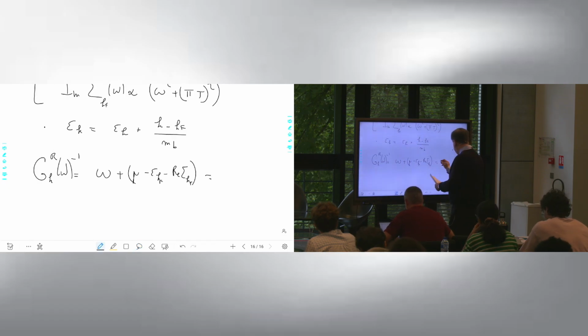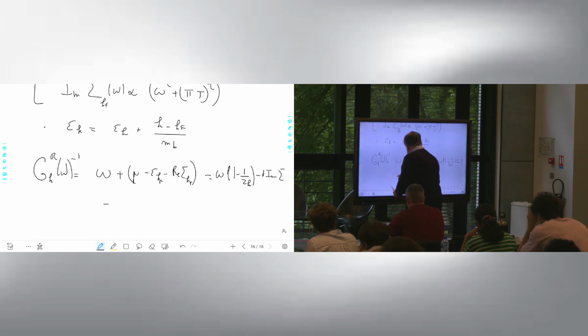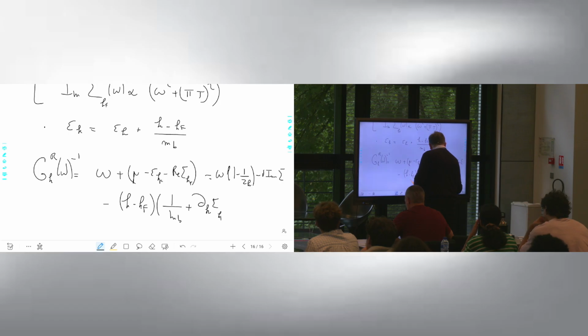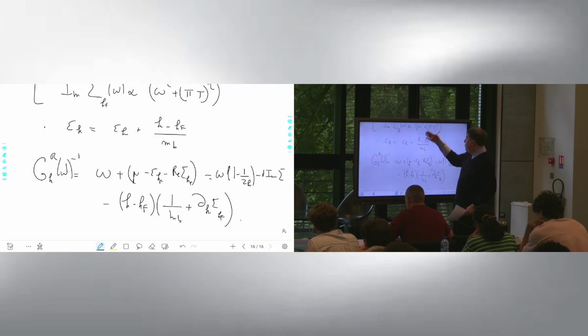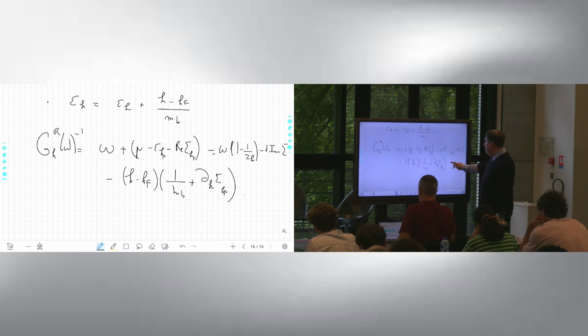Minus omega times 1 minus dk, minus the imaginary part of sigma, minus the term I'm looking for, k minus kF, times 1 over mB plus dk of sigma at kF. I'm just putting back what I have for sigma into the Green function.